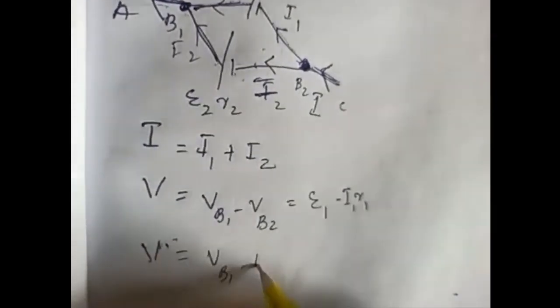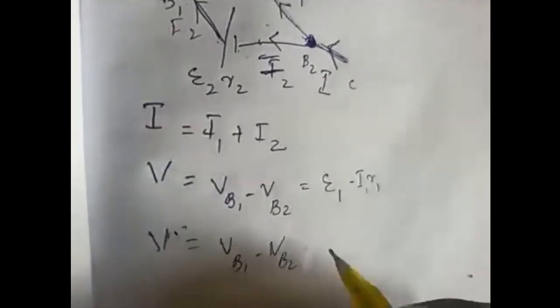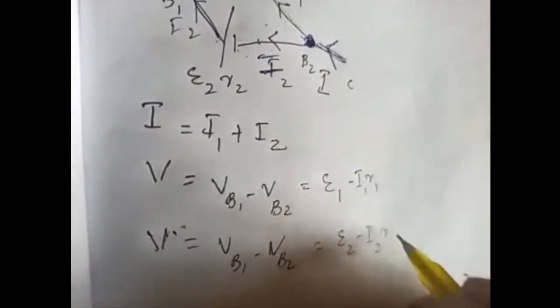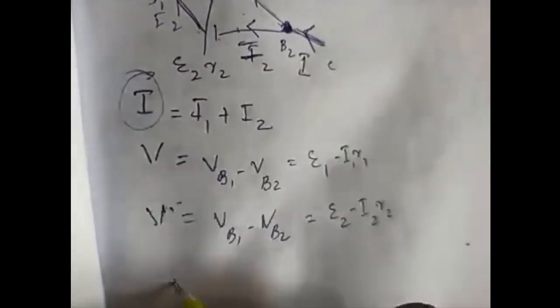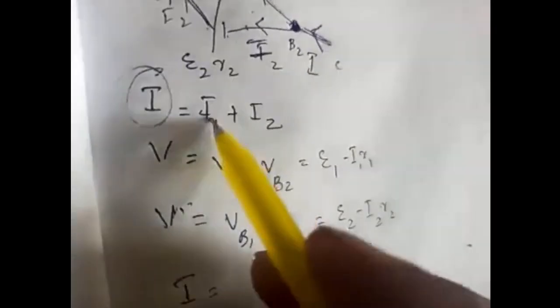So V is equal to VB1 minus VB2, that is equal to E2 minus I2 R2. Now if you are finding the total current, I will be equal to I1 plus I2.